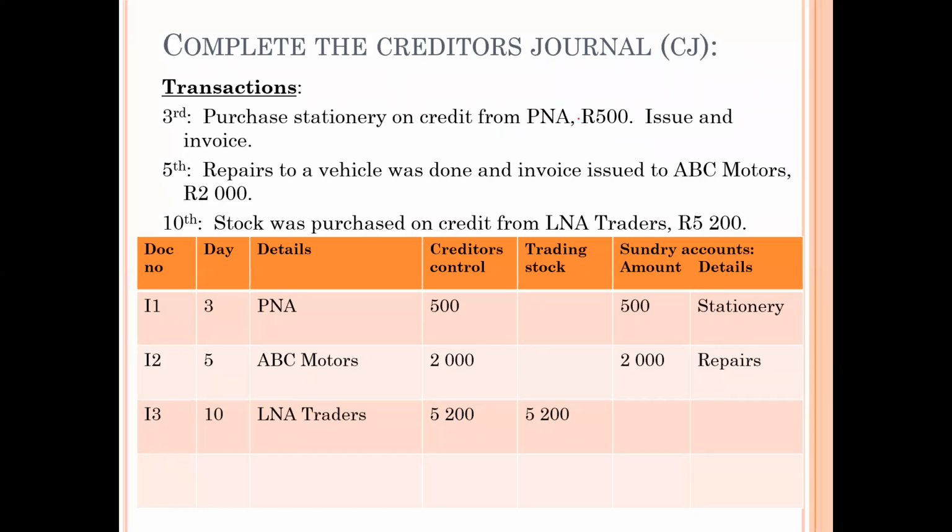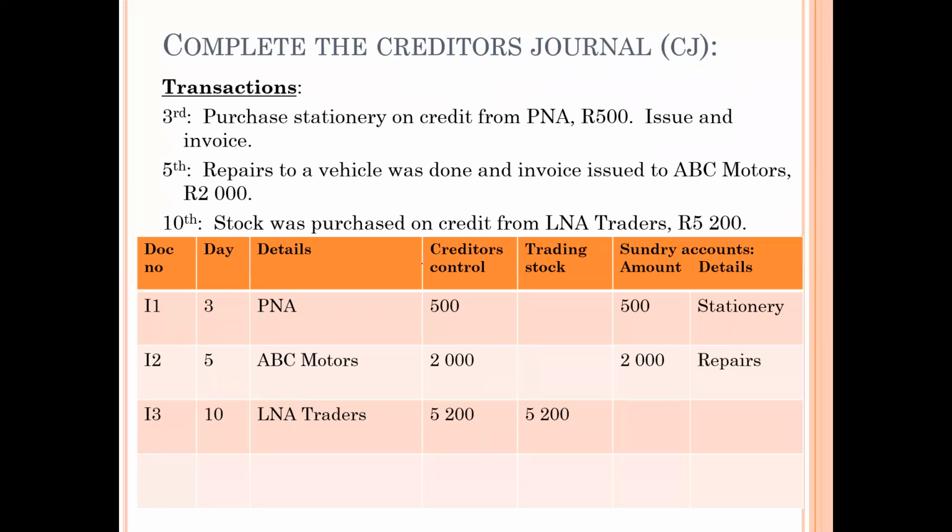The amount, 500 Rand. And they say there's an invoice. I didn't mention a number here, but you will see I've put it in the Creditors Journal as invoice number 1. So when we enter it with document number, invoice I-1, on the 3rd, details is the name of the business, PNA.